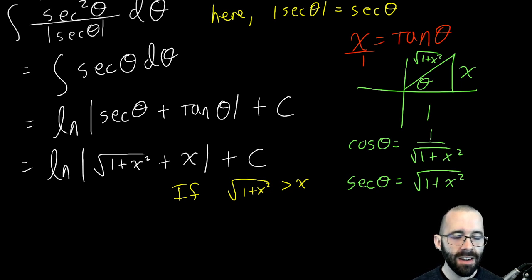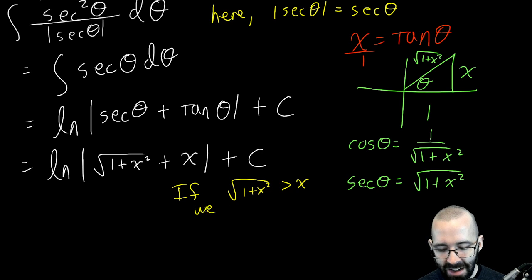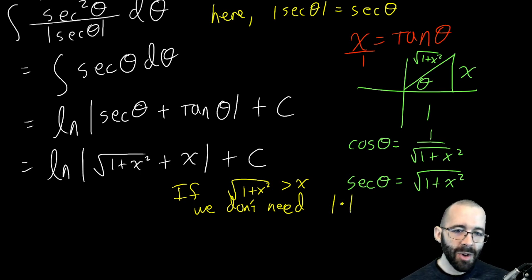Why? We don't need the absolute values because even if x is negative, this part will be bigger, more positive. So if this, then we don't need the absolute values.